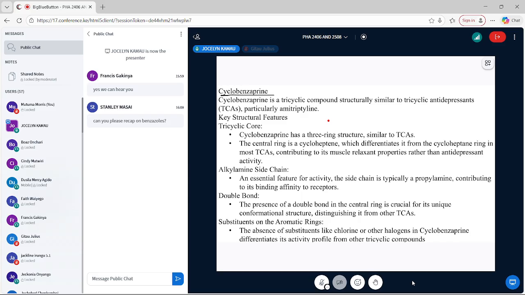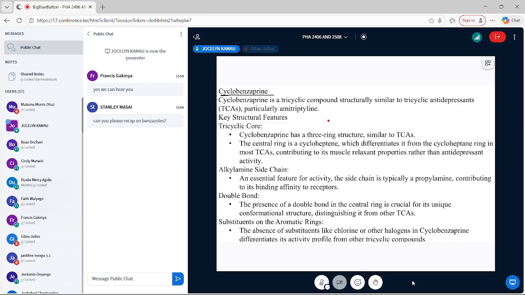When you look at this, position 1, 2, 3, 4, that is position 5, position 6, position 7, 8. It's a tricyclic. This is a phenyl ring, that's a phenyl ring, and this is a cycloheptene.